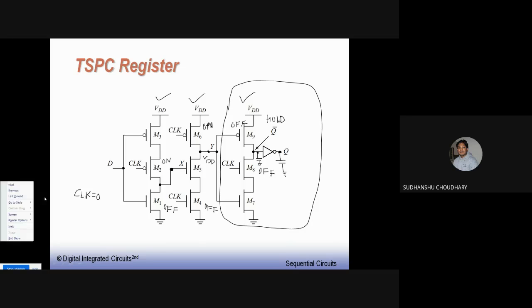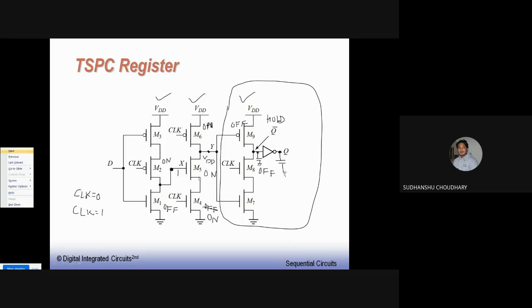Now let us say clock changes to 1. So clock becomes 1 here. Obviously that means this transistor which was on will become off, and this will become on. Imagine if I had a 1 over here, so this is also on. So this circuit is in evaluation mode.